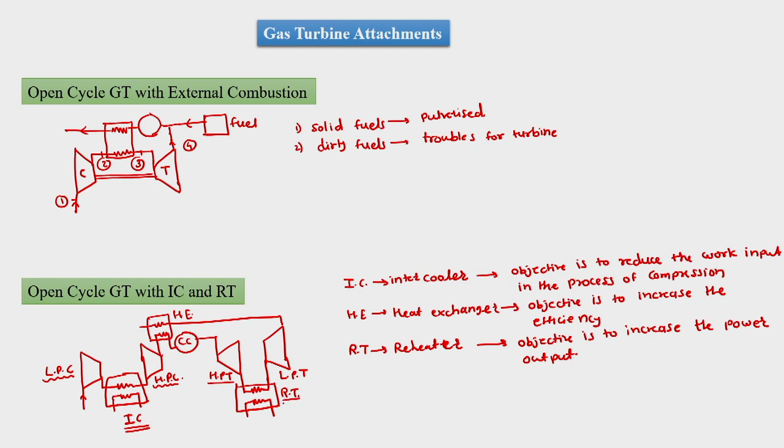Once we have reheating done, the air will go to the low pressure turbine, and from the low pressure turbine the gas will go to the heat exchanger, and then it will get exhausted into the atmosphere. So we are seeing that these two attachments are extra for a gas turbine power plant.